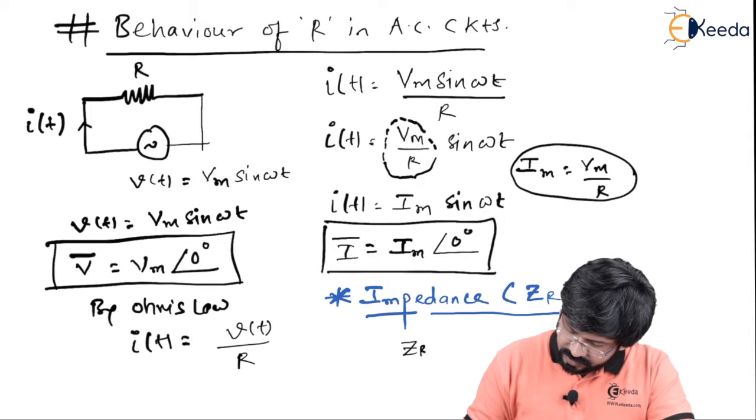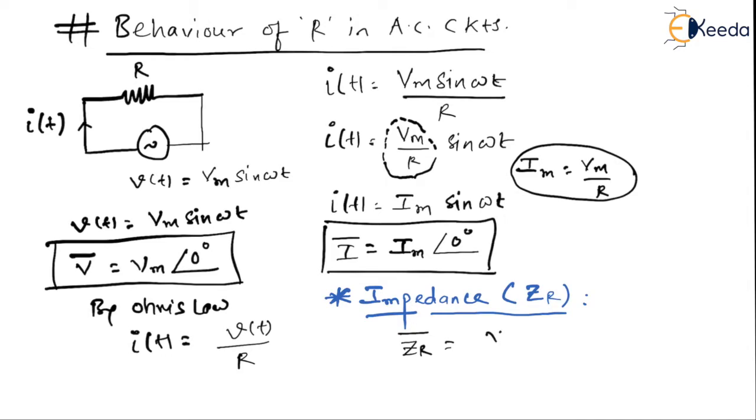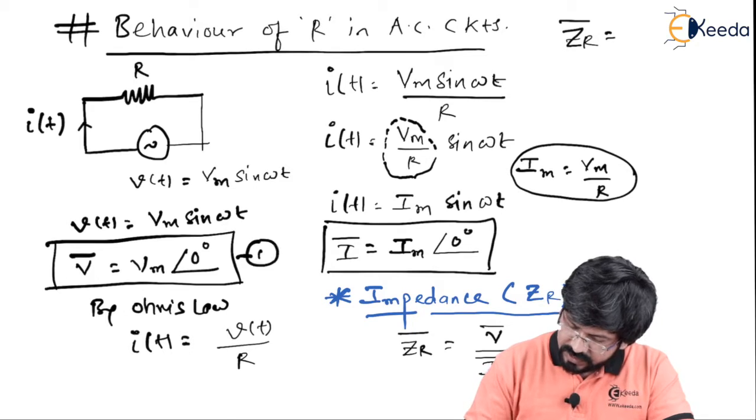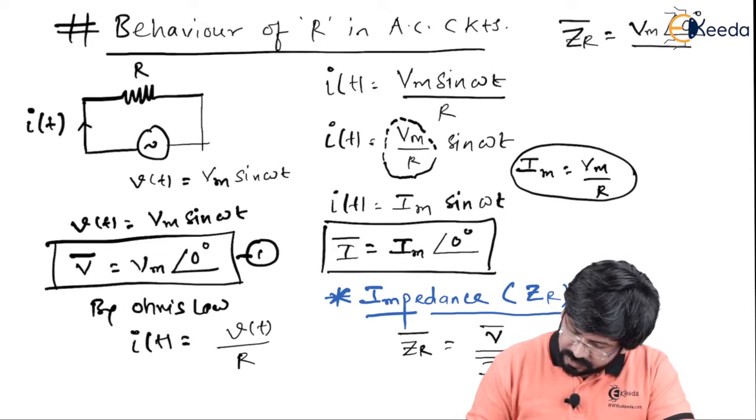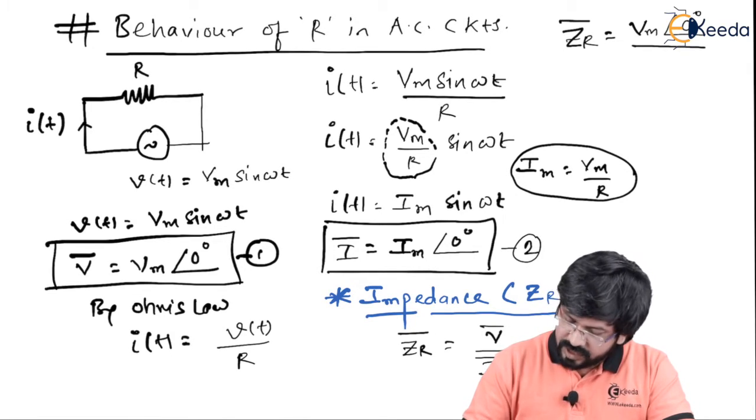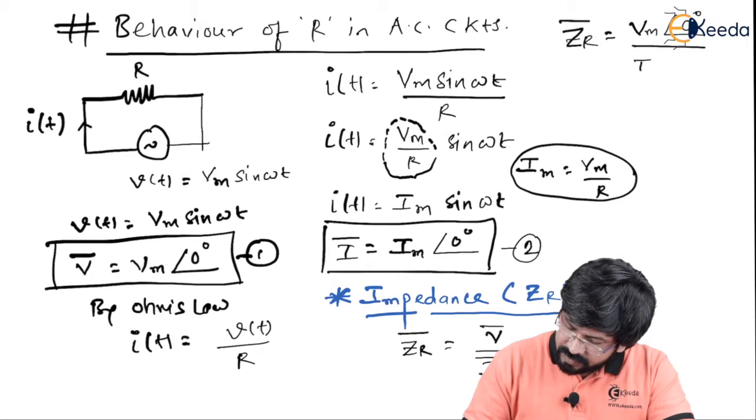ZR is also a vector value, therefore given as V vector upon I vector. Or I can write ZR vector as, what is V vector? V vector, as you can see from equation 1, is Vm at an angle of 0 degree divided by, and as you can see in equation number 2, I can replace I vector also as Im at an angle of 0 degree.